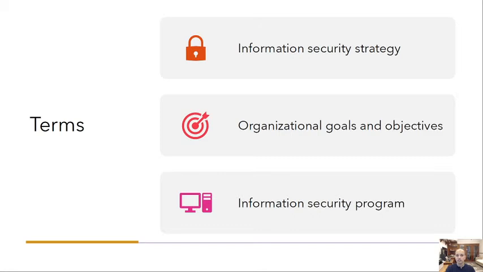Okay, moving further. As a manager, you also need to know how to set the security goals in alignment with the business goals. Suppose your organization is dealing in supply chain, providing things to different organizations.